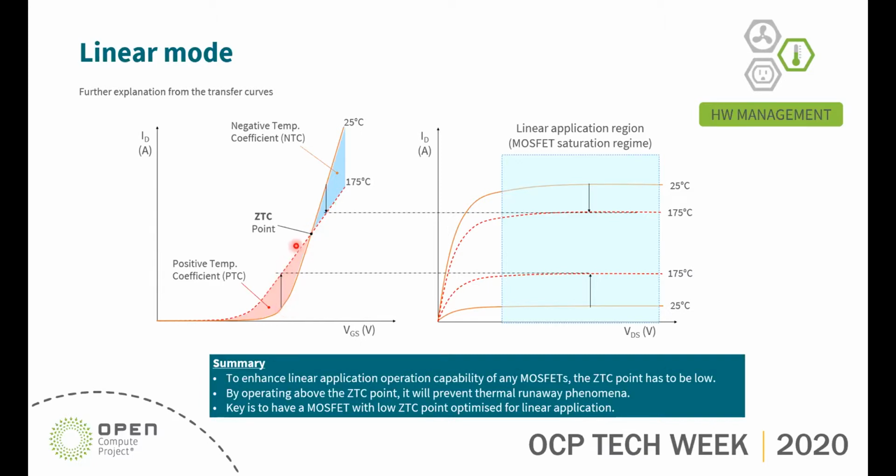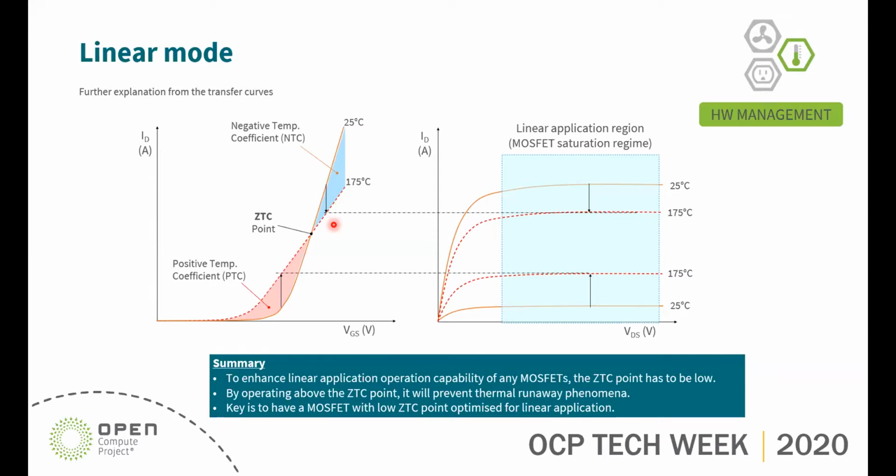Now it does cross a point, the ZTC point, which is the zero temperature coefficient, above which things get stable, meaning that the hotter it is, the less current you allow, and therefore you're not having an unstable situation where the current is out of control and it causes damage, which I'll explain in a moment.